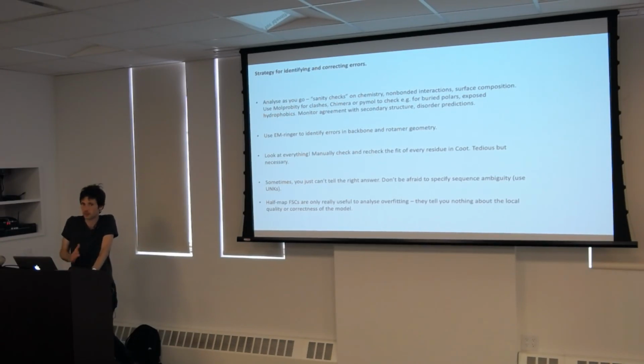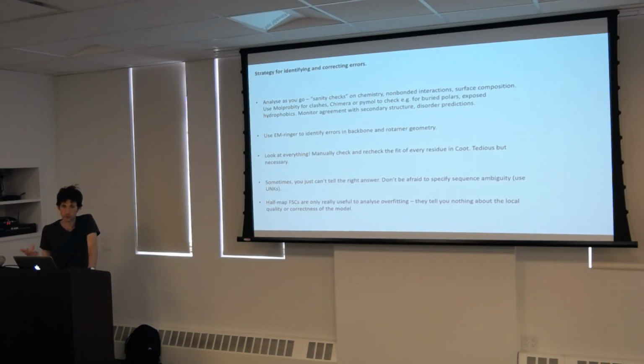So that means use as many sanity checks as you can, particularly in terms of local geometric validation. So that means checking clashes with MolProbity. It means checking that your rotamers are sensible with EMRinger if you're at sufficient resolution for that. And also just checking that the general properties of your built model match up with what you expect.